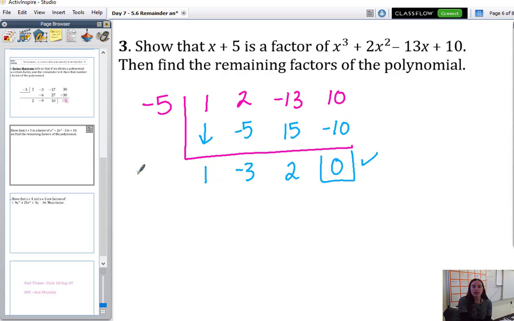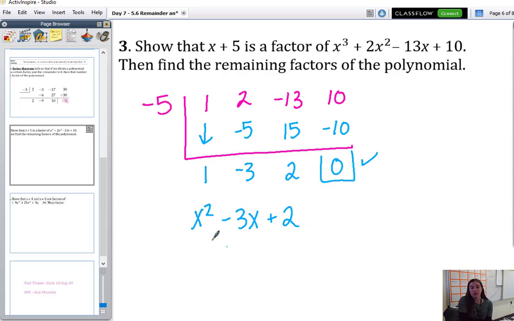In front of that would be an x to the 4th. So starting at this very last number, right before our remainder, that's just going to be whatever that number is. Then go to the left, that one gets an x, then an x squared, and so on and so forth. So I'm going to rewrite this as a polynomial. My coefficient is 1, so 1x squared is just x squared, minus 3x plus 2. And again, I had a remainder of 0, so I don't need to include that.